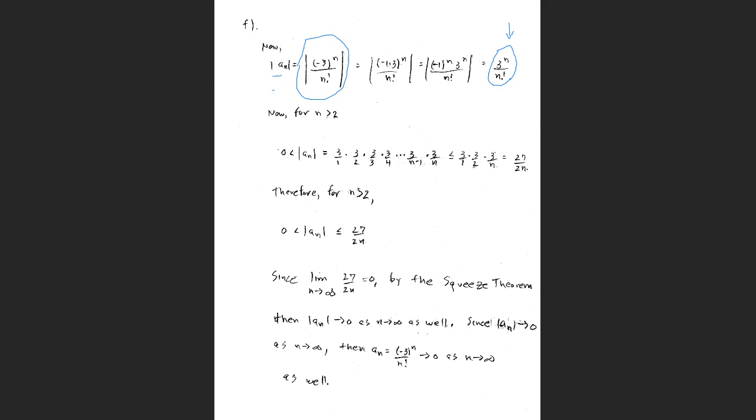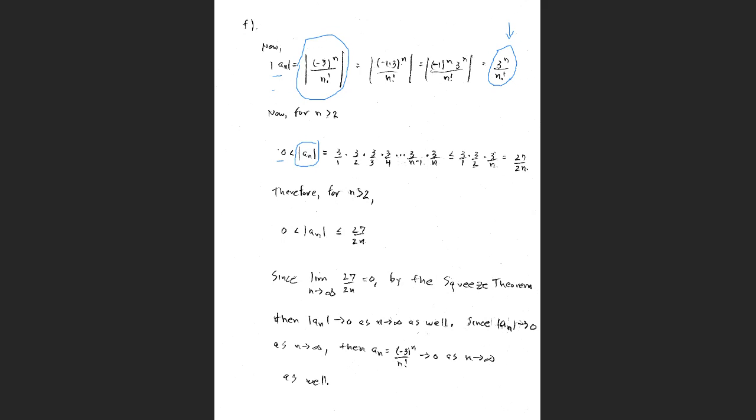mostly for Coulomb. And what I'm going to do is I know that the absolute value of my sequence is going to be greater than 0 for sure. It's greater than 0, and I write out the sequence this way.